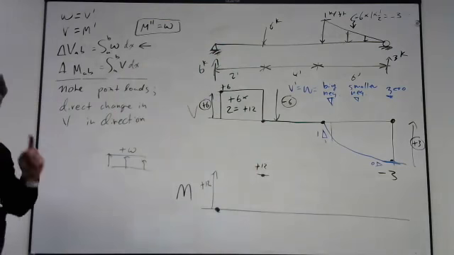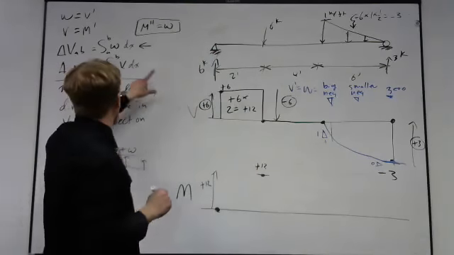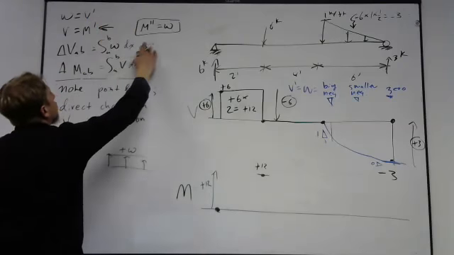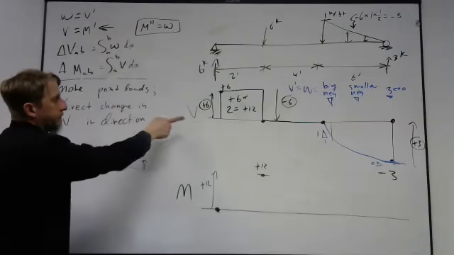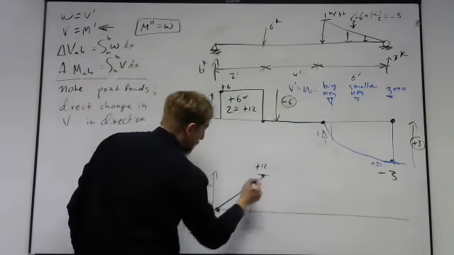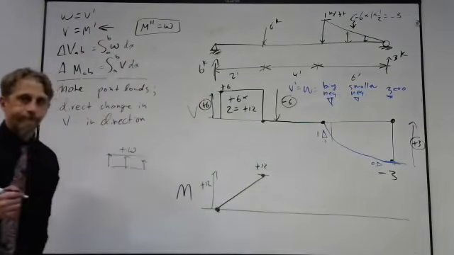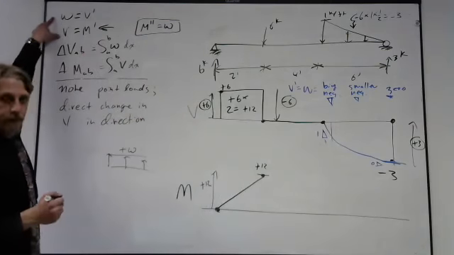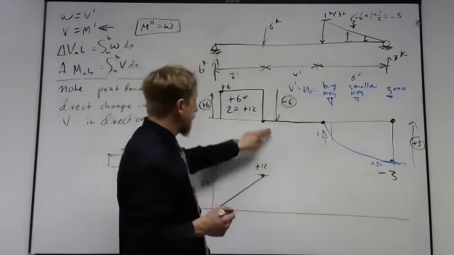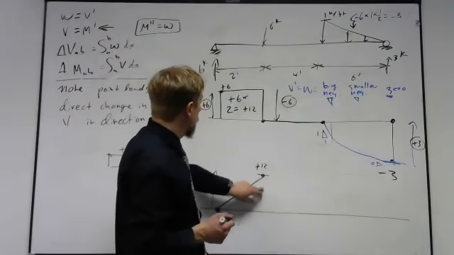Now should I draw that line? V is the slope of M. This guy. And V is positive and constant. Positive constant. So that's why I left these guys here. I can just use them all the time. Okay. So what happens here?